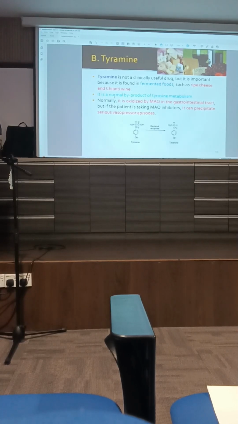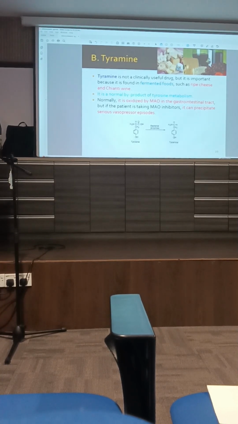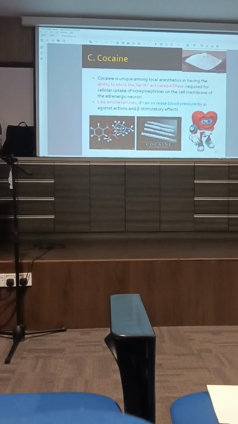So it wouldn't be much of a problem unless you're taking medicine we call MAO inhibitor. Tyramine is normally oxidized by MAO, monoamine oxidase, in the GI tract. But if the patient is taking MAO inhibitor, it can cause a lot of accumulation of tyramine in the body. So it can cause serious vasopressor episodes, sudden spike of blood pressure, and it can be life-threatening.